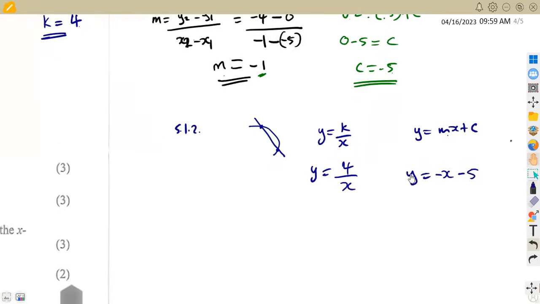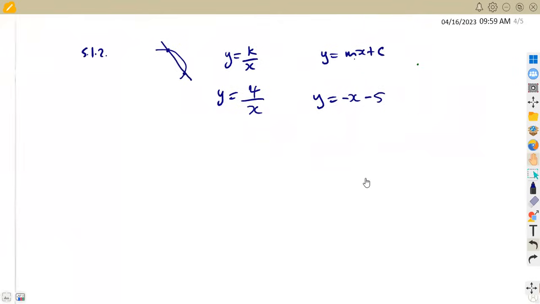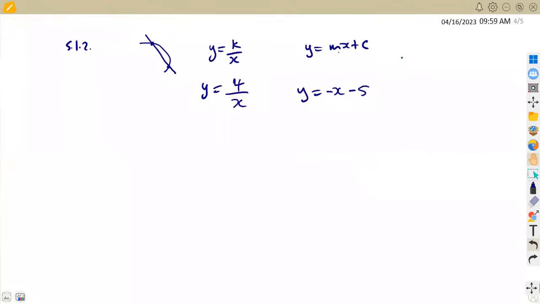So at the point of intersection of these two graphs that we are given, we simply solve these two equations simultaneously because we are saying they are equal at a point of intersection. So that means in this case, 4 over x is equivalent to -x minus 5. Since y and y are equal, you can solve for x.